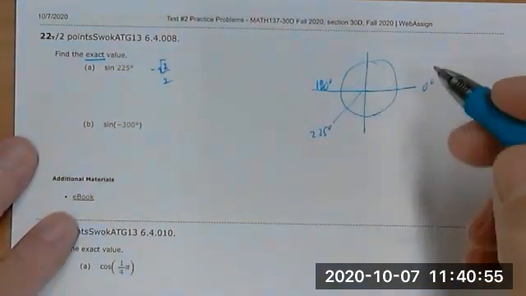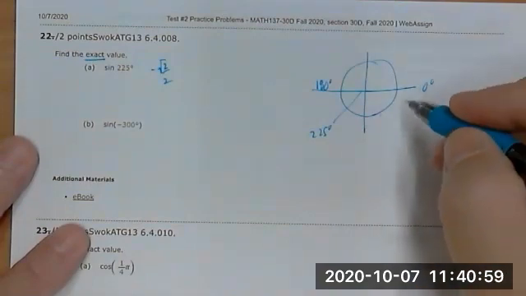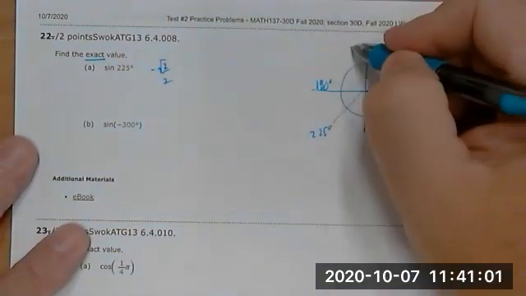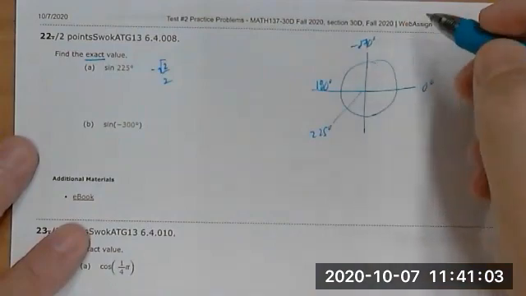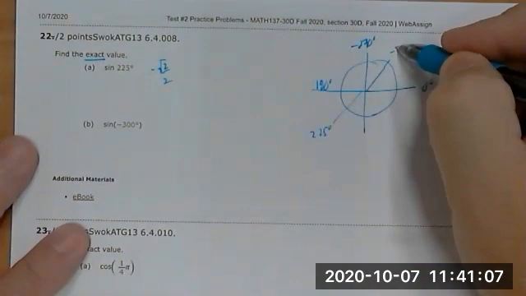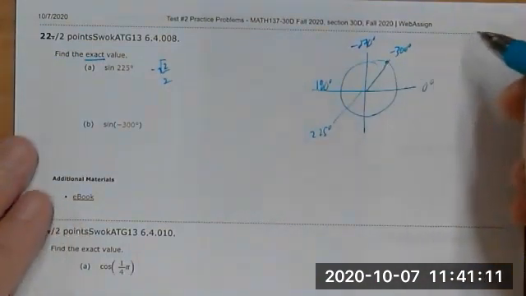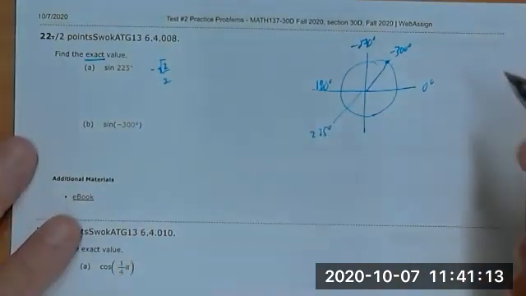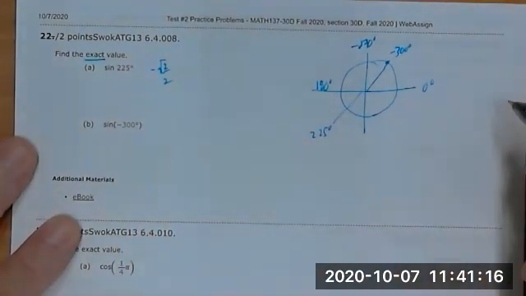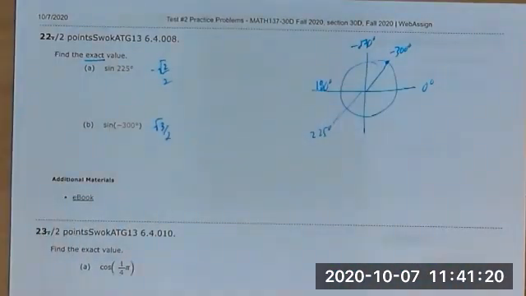Sine of negative 300. So in terms of negative, this would be negative 270 up here. So I'm going 30 more to get to negative 300. So it's really this point right here. The value of y at this point up here is square root of 3 over 2.